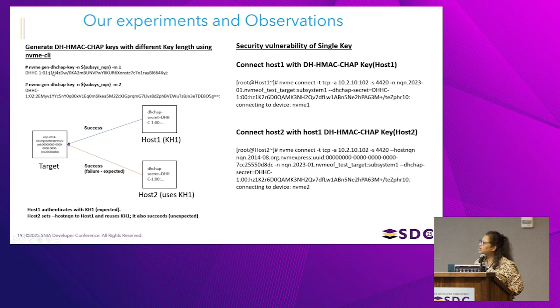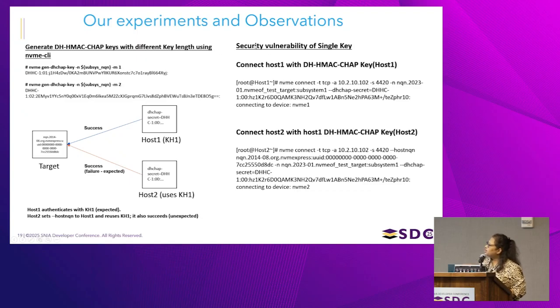Basically, you can create a DH-HMAC key using gen-dhchap-key, and you can provide the length of the key also, like what length of the key you want. This is a standard format defined in the spec. After the colon, this part that you see is the secret, and this is the HMAC that is applied on this secret, and based on that the key is generated.